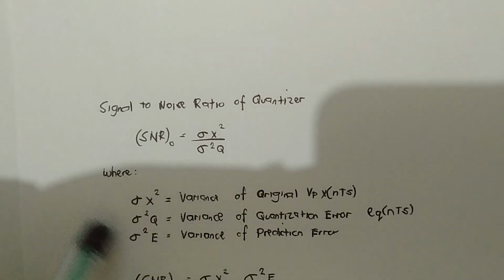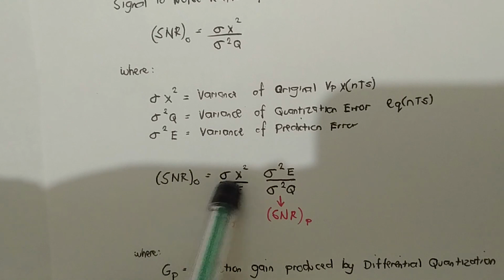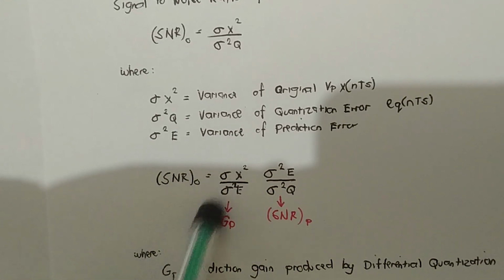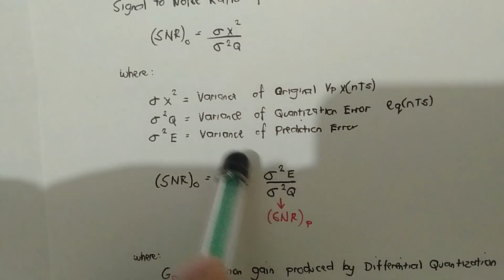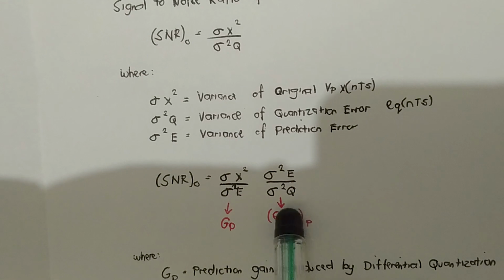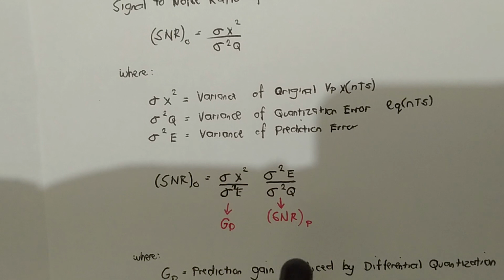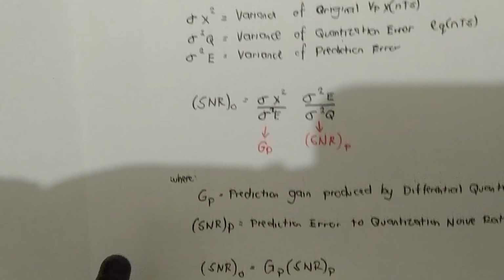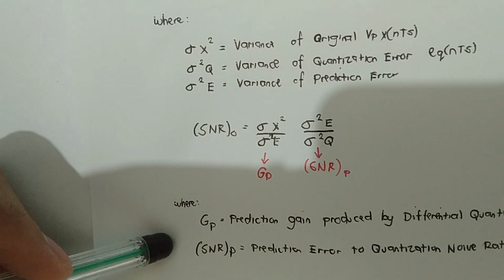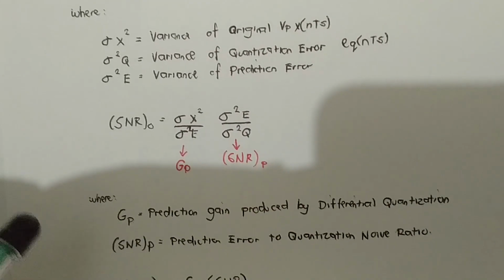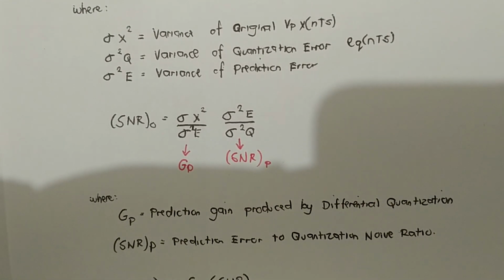Yung formula na to pwedeng i-write gamit ang sigma x squared over sigma squared e, which is yung GP, and times mo sa sigma squared e over sigma squared q, which is SNRp, where yung GP is prediction gain produced by differential quantization, and yung SNRp ay yung prediction error to quantization noise ratio.